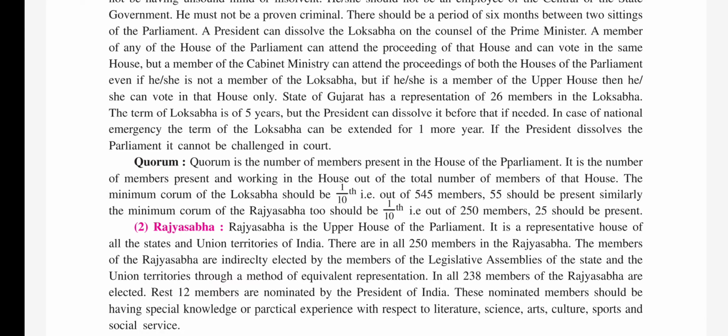Now 10% of total members means 10% of 545. For example, in Lok Sabha it should be 55, and in Rajya Sabha it should be 25.